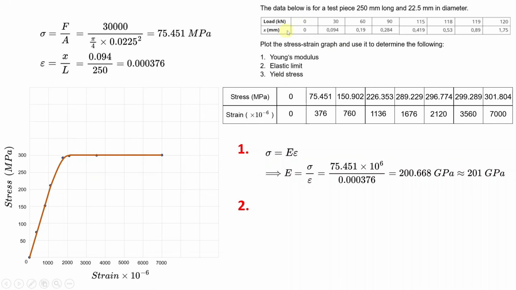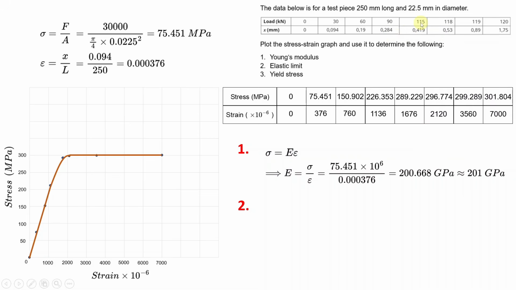And you can also see here in the table, from 0 to 30, it increases. It went from 0 to 0.09, and then from 30 to 60, it increases to 19 and then to 28. But then when you come here, you will notice that here it went to 0.4. It's like it increased much, okay?